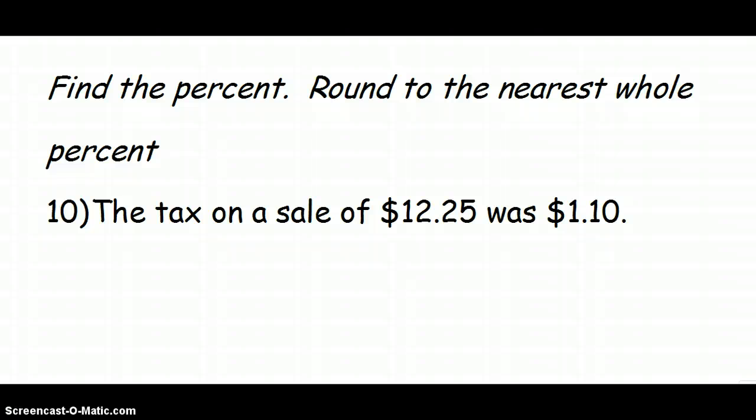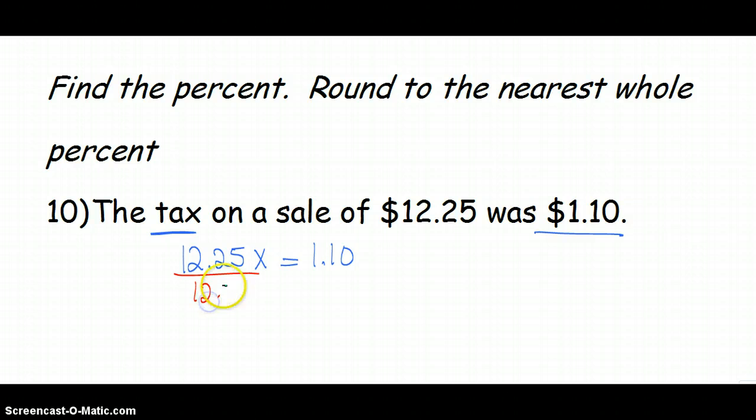Find the percent. Round to the nearest whole percent. The tax on a sale of $12.25 was $1.10. What are we looking for? We're looking for our tax rate. So I'm just going to call it X. 12.25 times X is going to give me $1.10. I'm going to divide both sides by $12.25.